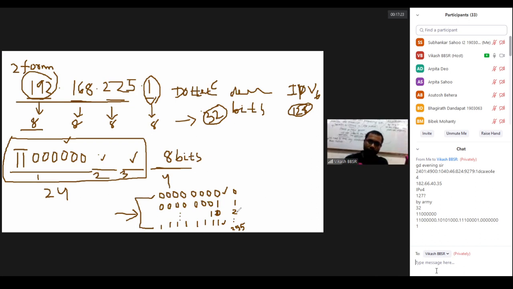Not maybe, total 256, because it is 2 to the power 8. Very good. 2 to the power 8 is equal to 256.